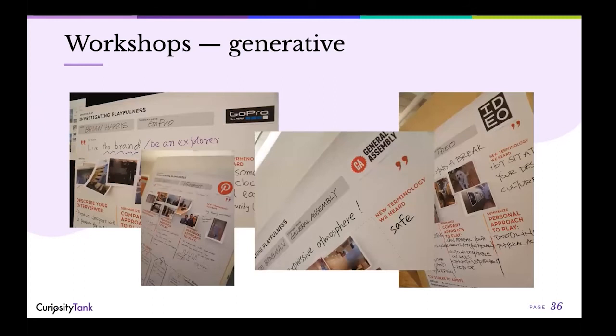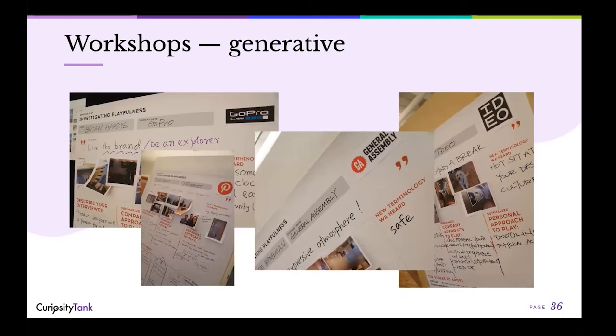Here are some artifacts from another workshop focused on educating executives from a Japanese auto manufacturer about the importance of creativity and innovation in the workspace. And what we did here was we introduced the concept, and then we taught them how to conduct an ethnography.